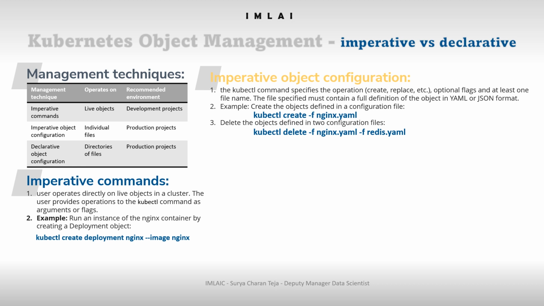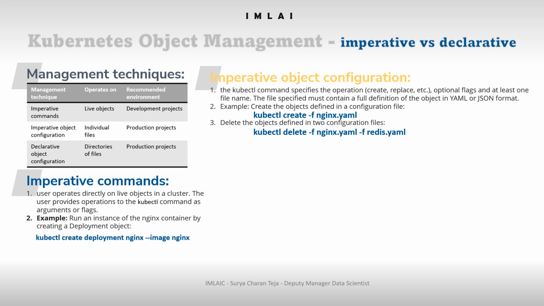So the imperative replace command replaces the existing spec with the newly provided one, dropping all changes to the object missing from the configuration file. So this approach should not be used with the resource types whose specs are updated independently of the configuration file.